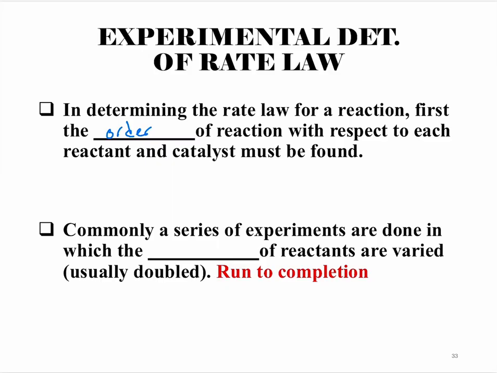Remember, in the more general form, we can have multiple reactants, and each reactant has an independent order. So if we had, for example, A plus B goes to C, the experimental rate law will be rate equals lowercase k, A to the power m, B to the power n, right?